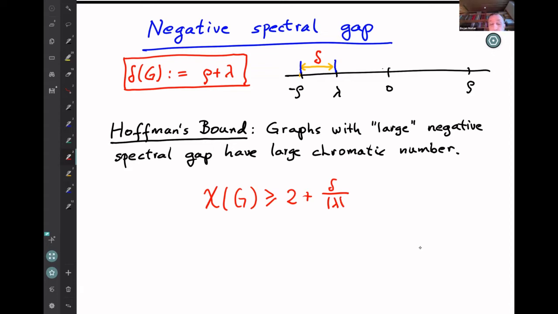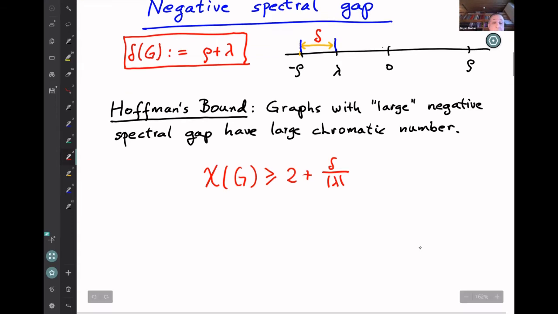So you see, if delta is non-zero, then this is positive, so the chromatic number is at least 3, because it's strictly bigger than 2. But it could be much bigger. For instance, for the complete graph, the chromatic number is at least n, so that is what this primitive version of Hoffman's bound would imply.